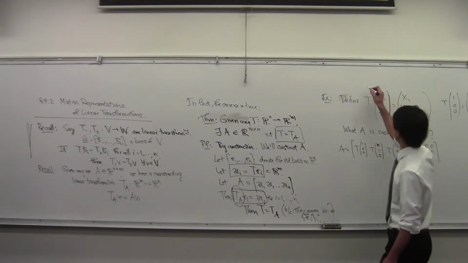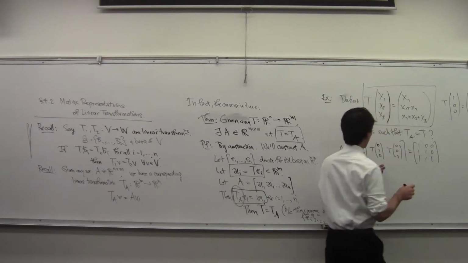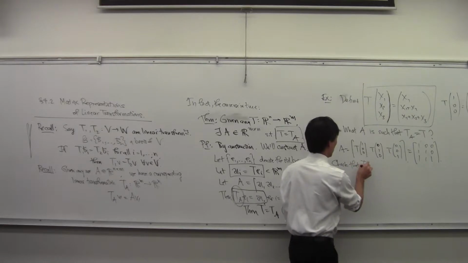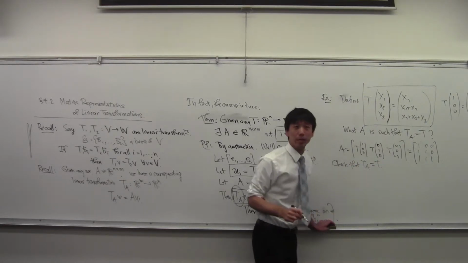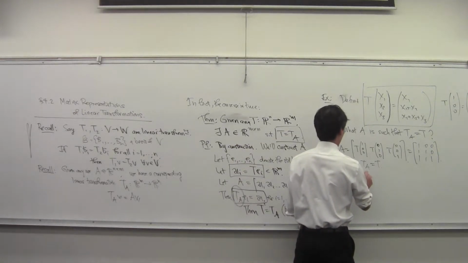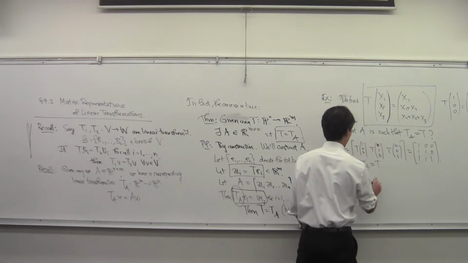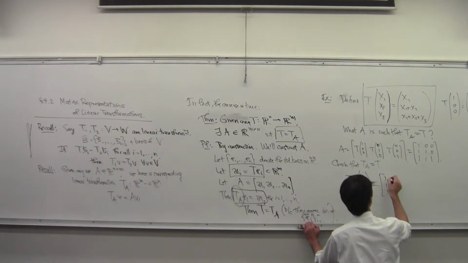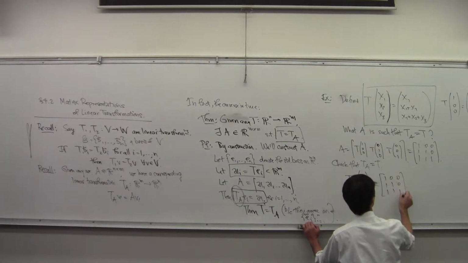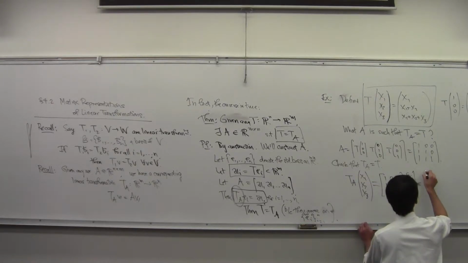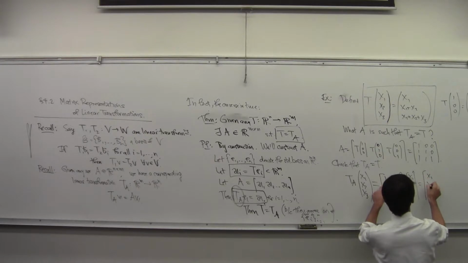Okay. So let's check that T sub A and T actually do the same thing. T sub A of x1, x2, x3 is left multiplication by this matrix. And you see what you get: x1, x1 plus x2, x1 plus x2 plus x3.